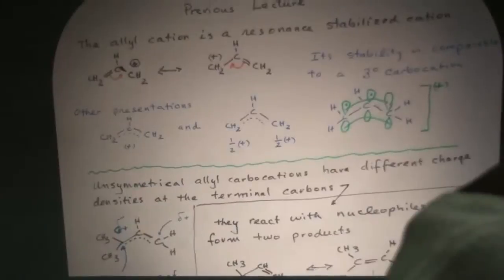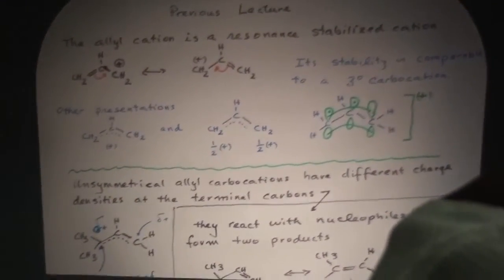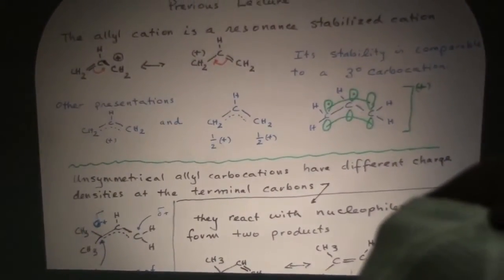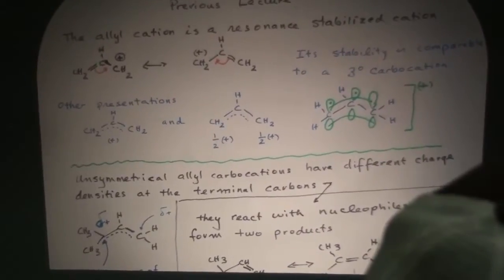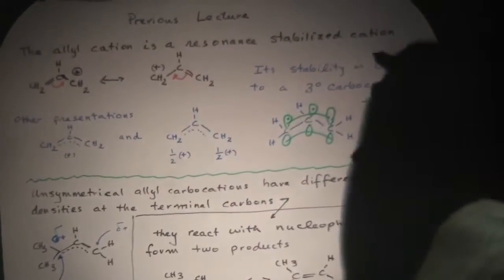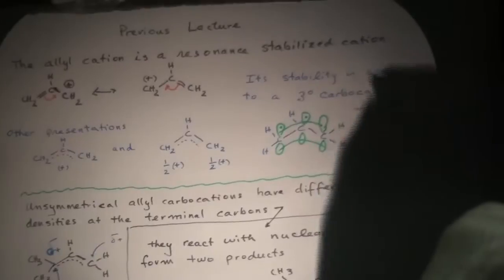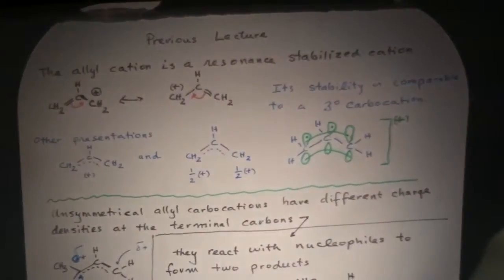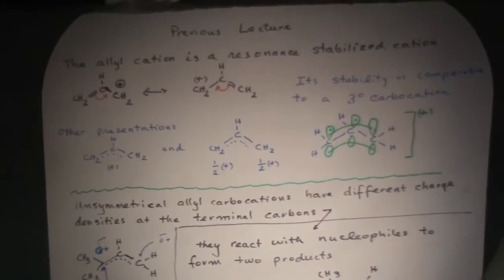But from a point of mechanism, the top two are the easiest ones to use because it's easier to do the bookkeeping about making and breaking bonds. The other thing that I wanted to make sure you appreciate is that, because of the resonance stabilization, the stability of this cation is at least comparable to that of a tertiary carbocation.